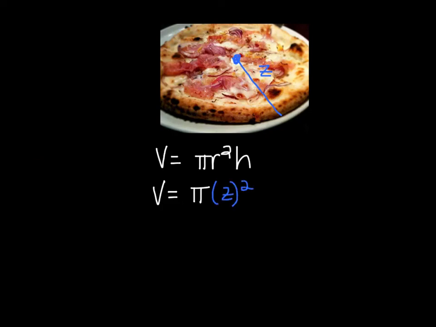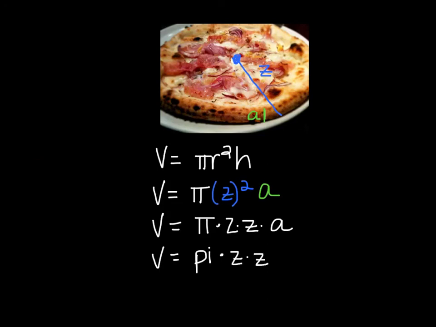And then they tell me that the height is a. So I'm going to do pi z squared a. And if I write this out, I get pi z times z times a. But I can also write pi as this, pi z z a.